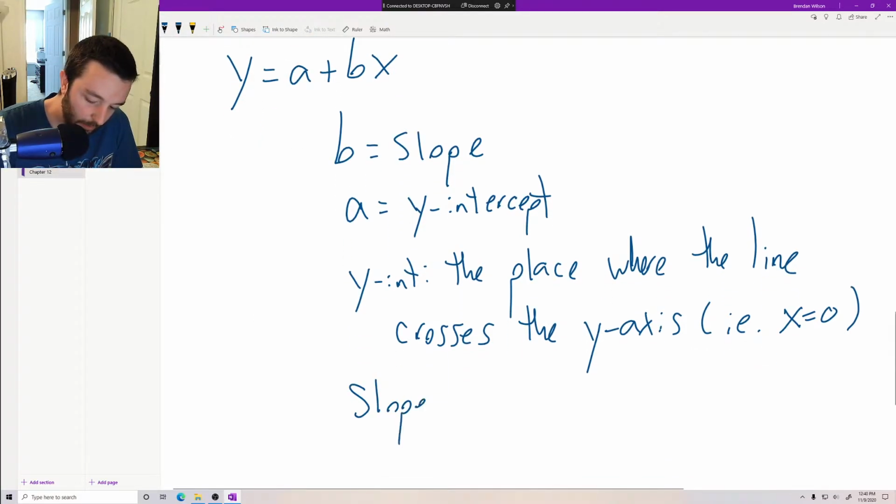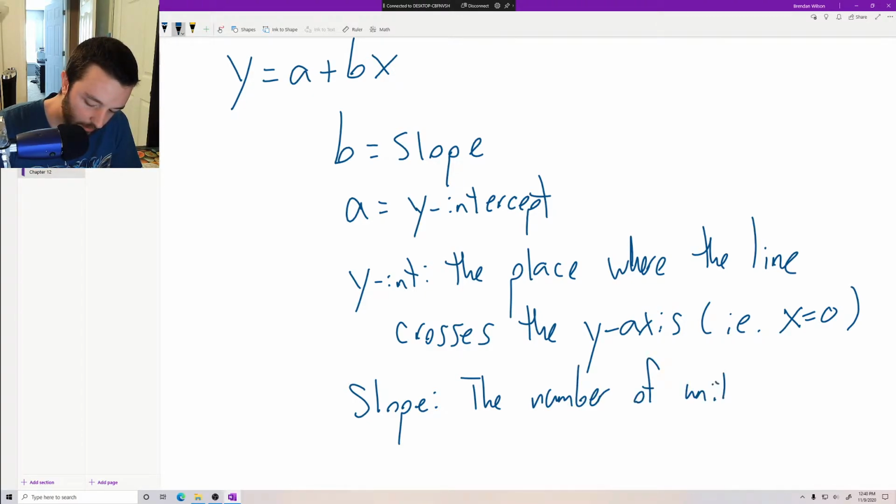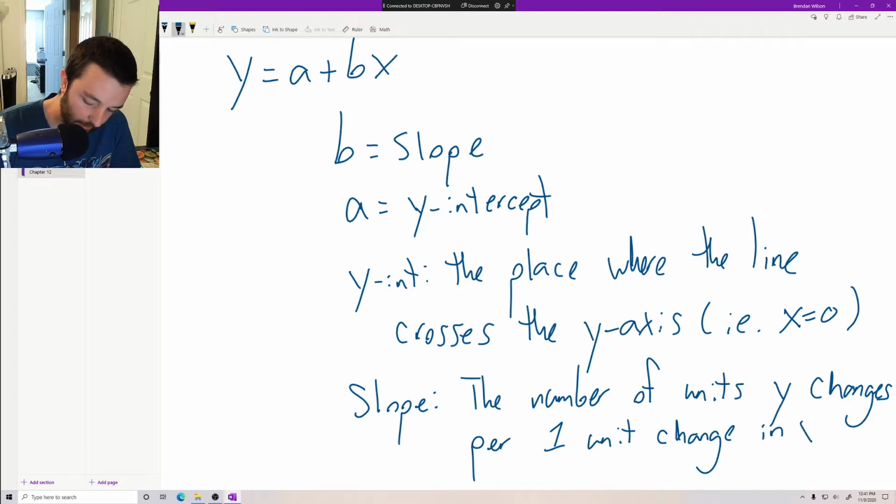The slope is the number of units y changes per 1 unit change in x.